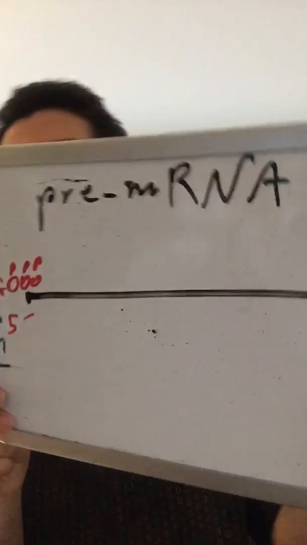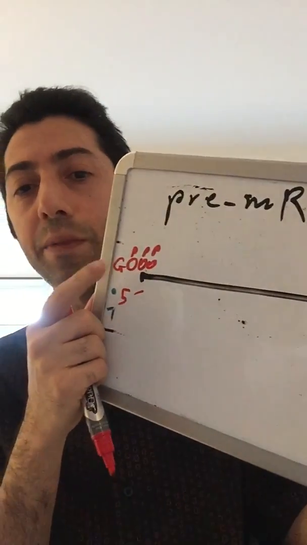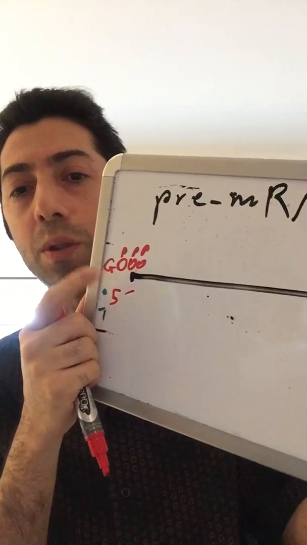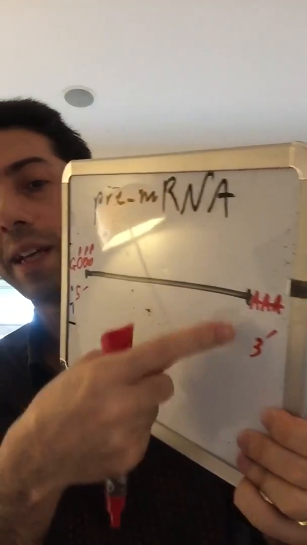But they happen in the nucleus. Remember, in the nucleus. Adding these two, the 5' end cap, we call it cap, and the poly-A tail, will help the mRNA to pass through the nuclear pore and get inside the cytoplasm.